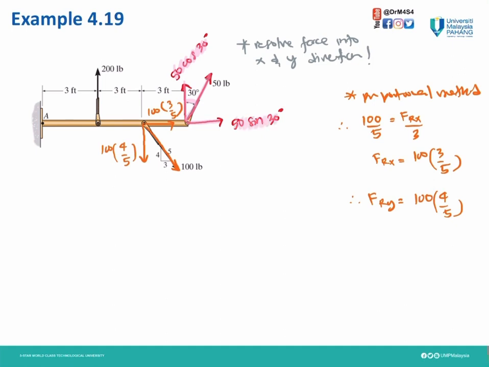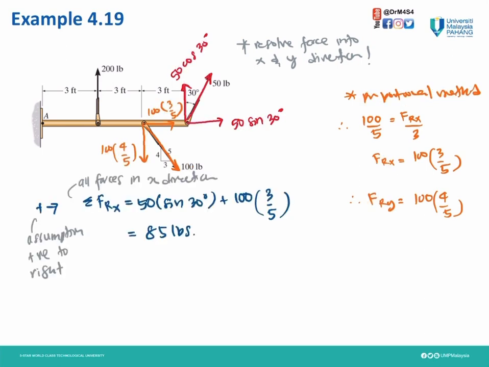For the 100 pound force, resolved into x, we will have 100 times 3 divided by 5, that's FRX, and resolved into y, we will have 100 times 4 divided by 5, that's FRY. So please remember the proportional method taught previously. So we are done resolving those forces into x and y directions.